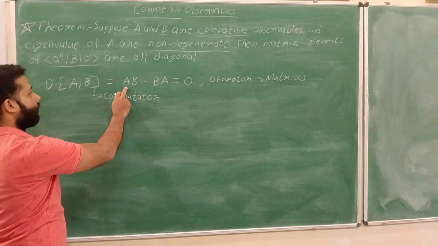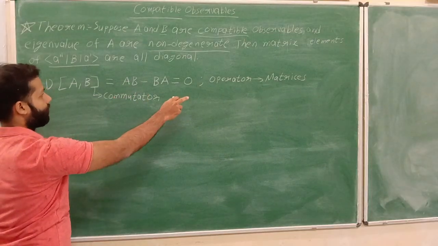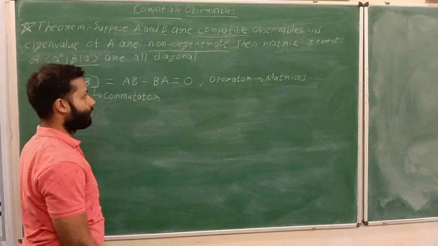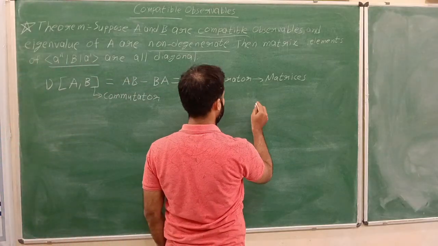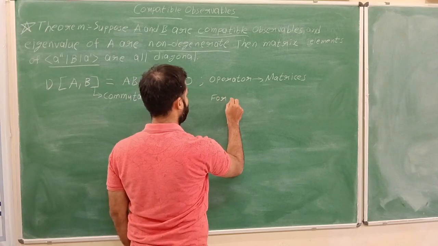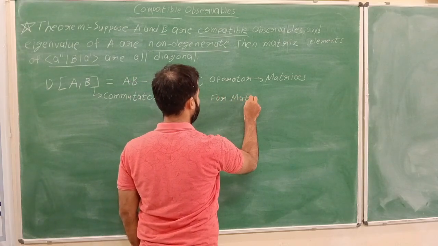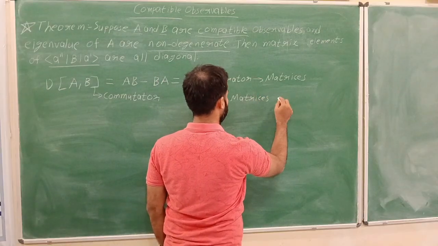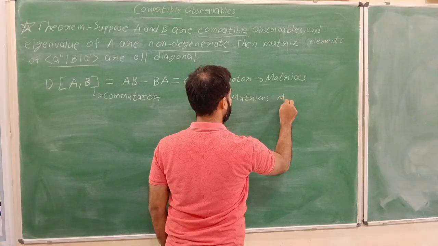If A is an operator represented by some matrix, B is some operator, then matrix multiplications do not commute. So for matrices, it is not necessary that they commute.